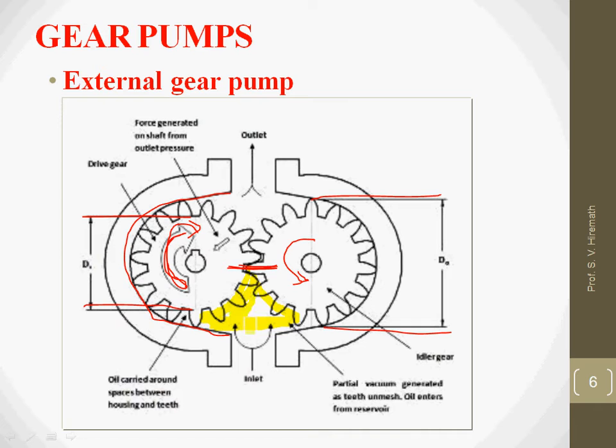This increase in the volume is going to reduce the pressure. Because of the reduction in the pressure, obviously we are having a more pressure outside this pump. That is the atmospheric pressure, which is going to force the hydraulic fluid to push into this inlet because of the pressure difference.